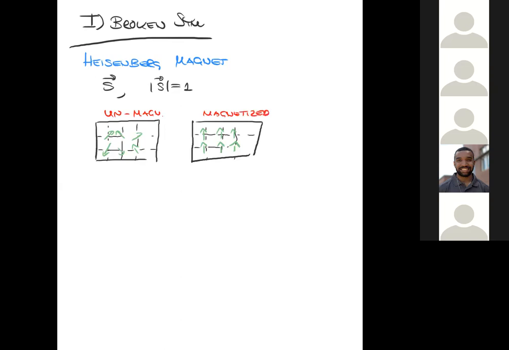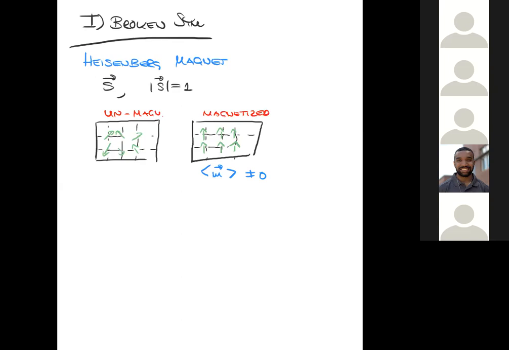Okay. So what does that have to do with symmetry? What it has to do with symmetry is that once the system has a definite magnetization, as in the second case here, the magnetization is now some vector and it's not zero. Now, this vector has to have a definite direction. In the picture that I drew it's all up.